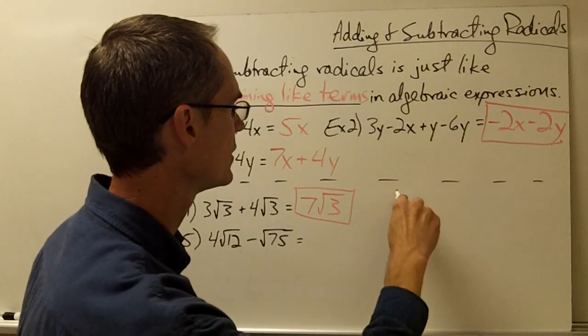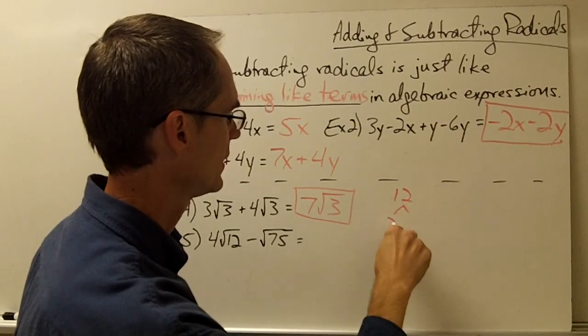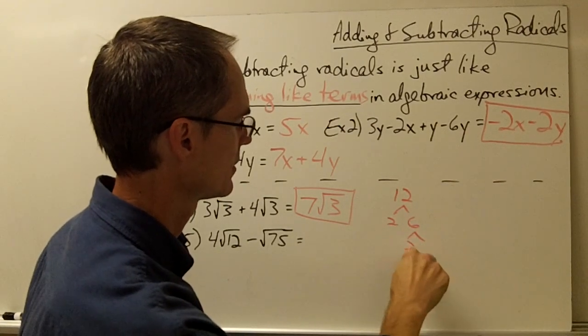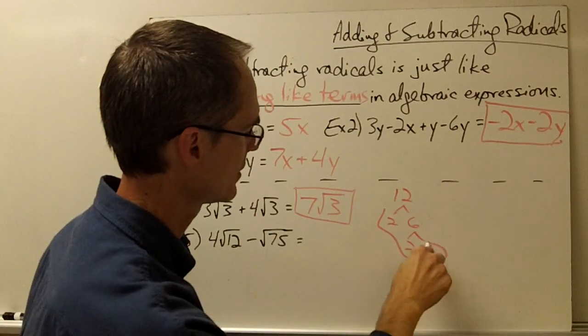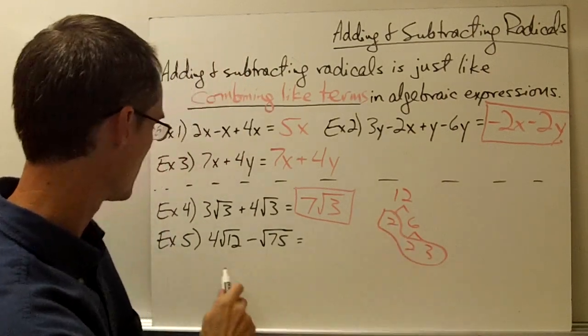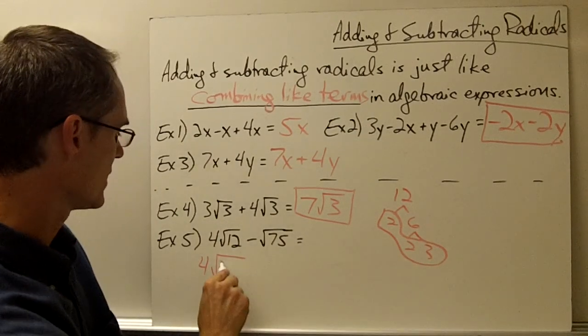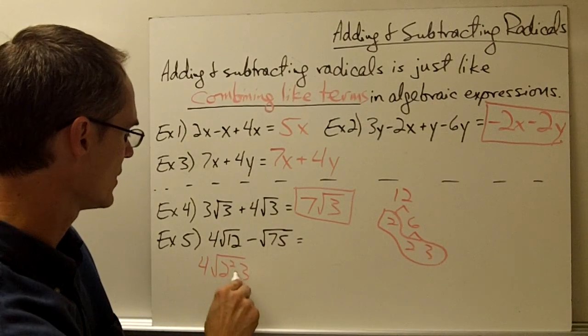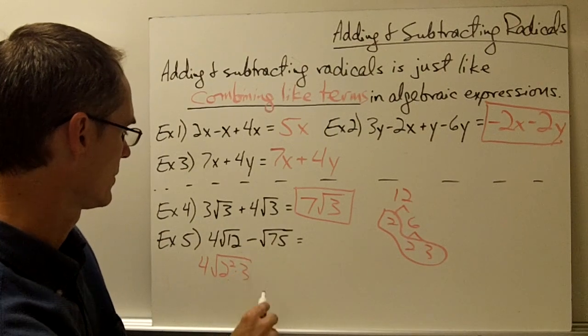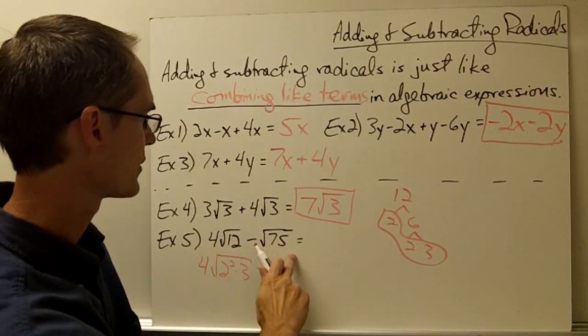So let's see, 12, that's 2 times 6. 6 is 2 times 3. So this is 2 times 2 times 3. So this is 2 squared times 3. And now square root of 75.